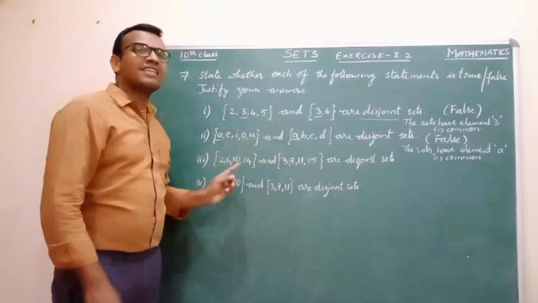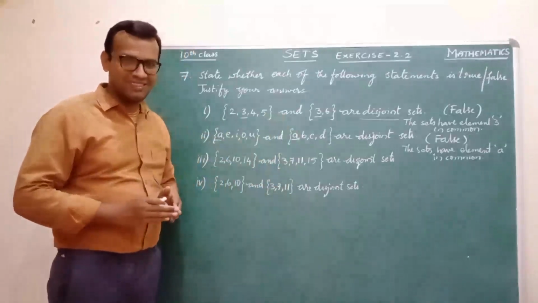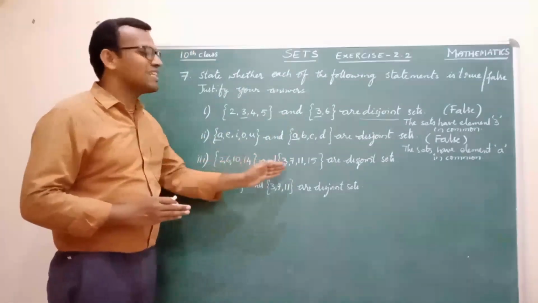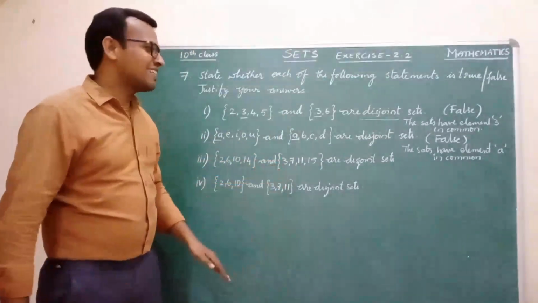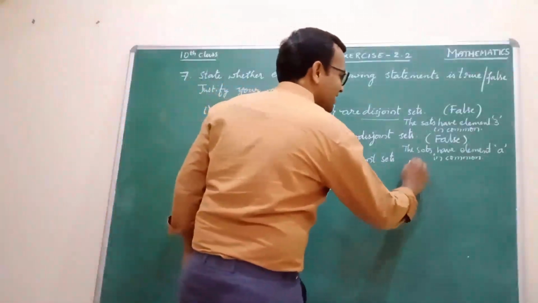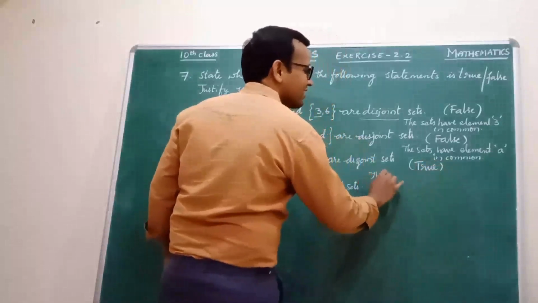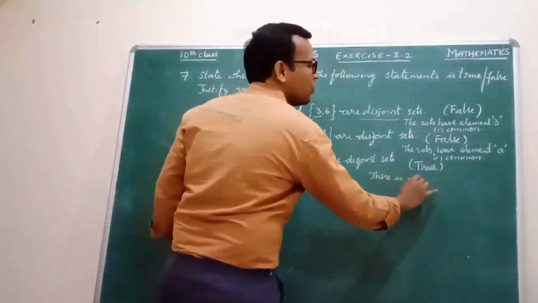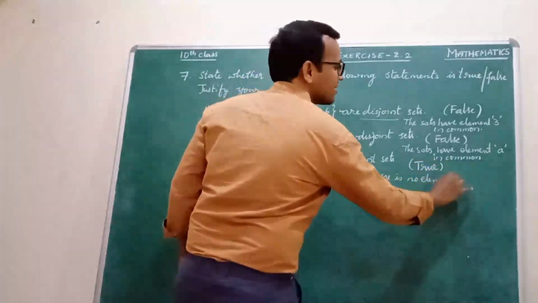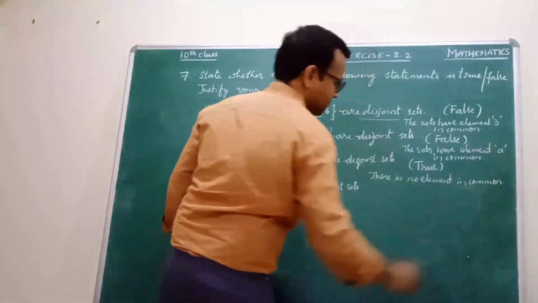Here these two sets have different elements and there is not even a single element in common. So obviously these two sets are disjoint sets. That means the statement is true. So let me write here. Third one is true because there is no element in common in both sets.